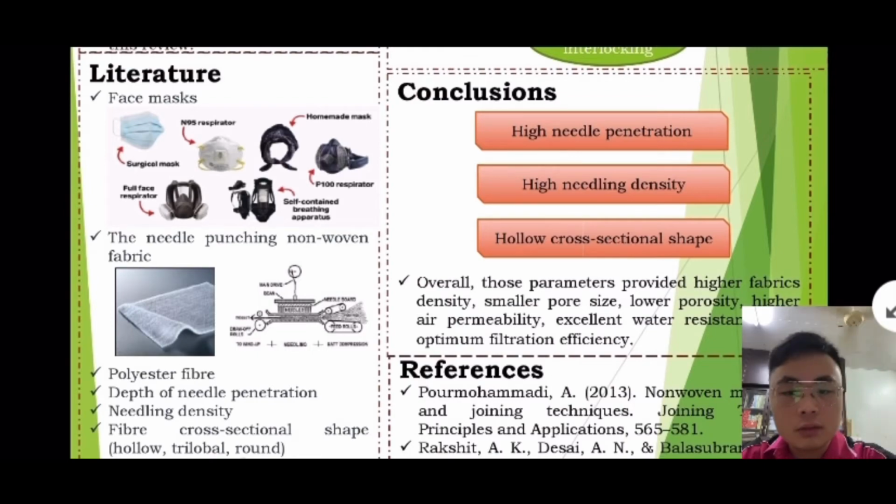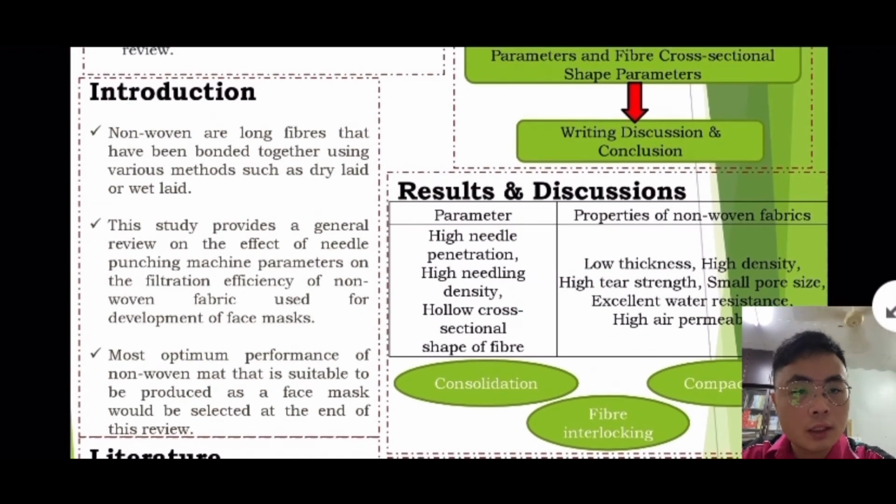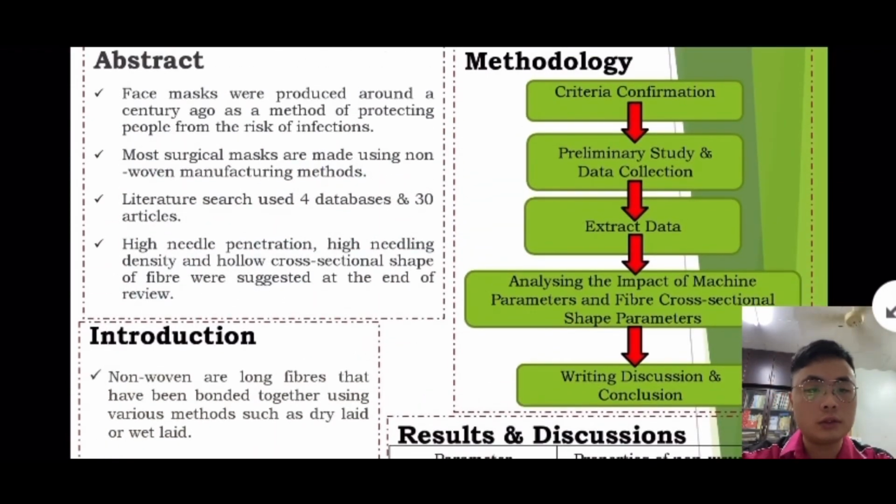So now we look at the methodology. First, we need to fix the criteria before doing the research, such as what kind of fabric I am going to study, what type of machine parameters and fiber parameters will be selected, and what kind of physical properties of fabric we are going to analyze. So we need to fix the criteria first. Second, the preliminary study and data collection.